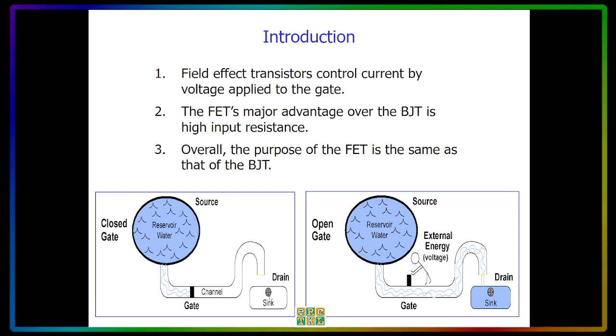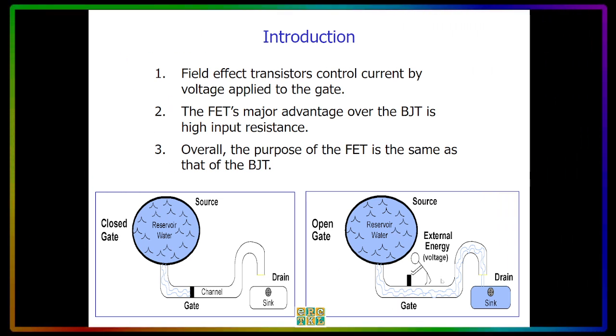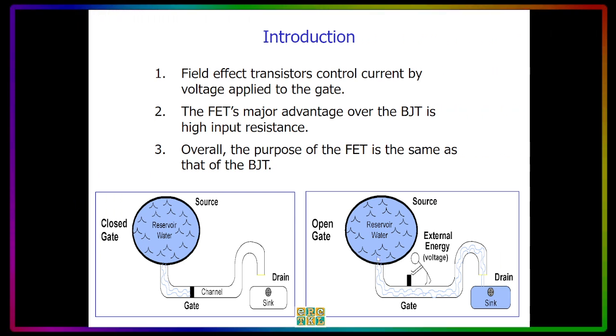It will not happen. Now, on the right side, we see an external energy represented by a person here, which in a real circuit will be the voltage that will be controlling the gate. Because of that, the strength of the flow of current will depend on the external energy here, which is the voltage.